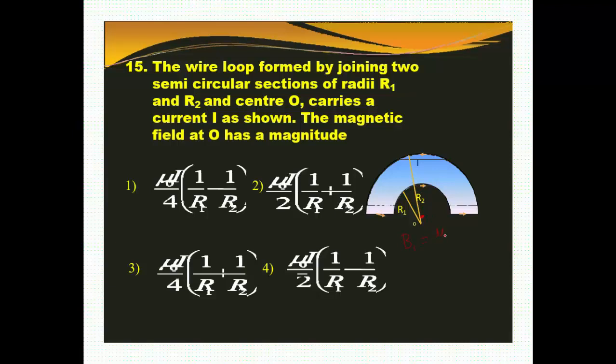So magnetic field formula is mu naught by 2 N I by R. N is what? It is semicircular, means 1 by 2, half coil. I divided by radius is what? R1, inner coil radius is R1. Okay, this will be equal to mu naught by 4 I by R1.